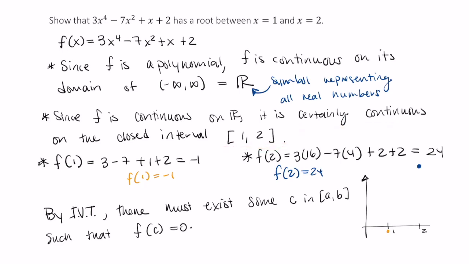We then ensured that f evaluated at 1 did not equal f evaluated at 2, and furthermore, since f evaluated at 1 is below the x-axis, and f evaluated at 2 is above the x-axis, there's no possible way for me to connect these two dots without crossing the x-axis. That tells me there has to exist some x value, some x equals c. I don't know where that is, but somewhere between here where I cross the x-axis, which means f evaluated at c has to equal 0.